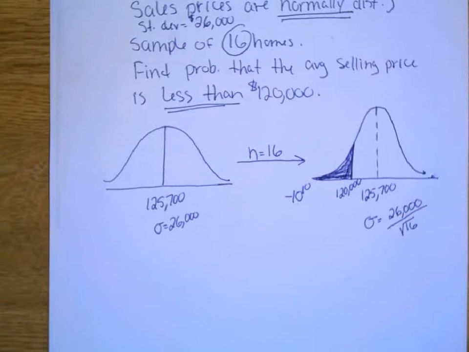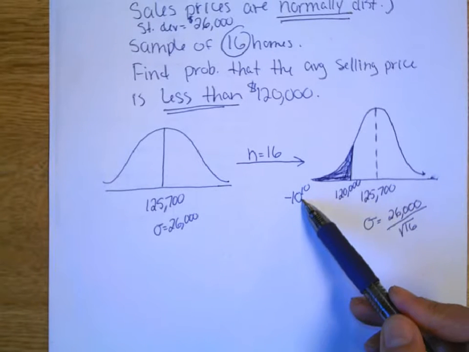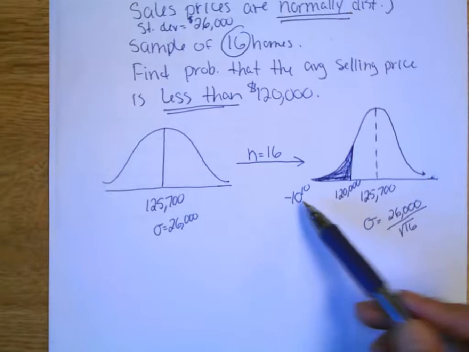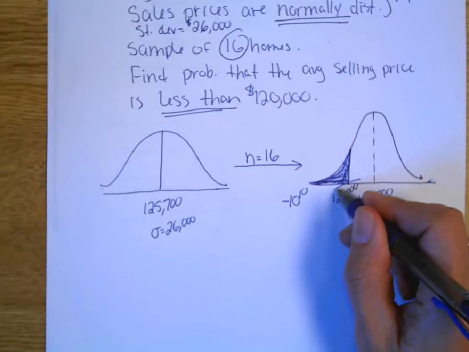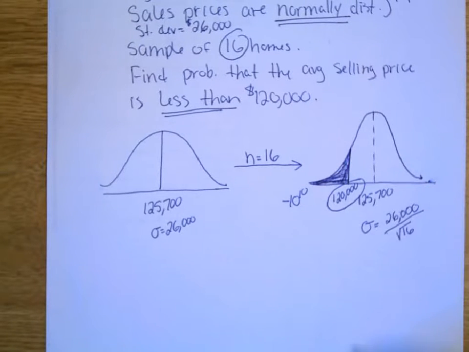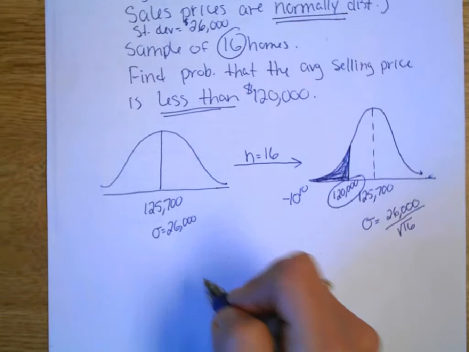Okay. Now, the left z-score is negative 10 to the 10th. I've got my left z-score set. This 120,000 is an x value. We need to turn it into a z-score.